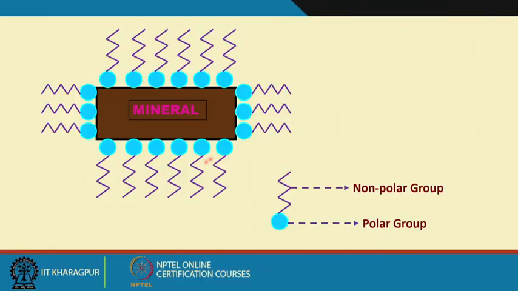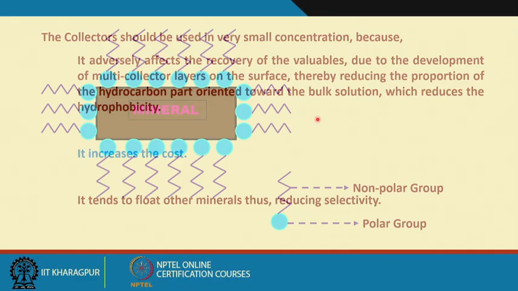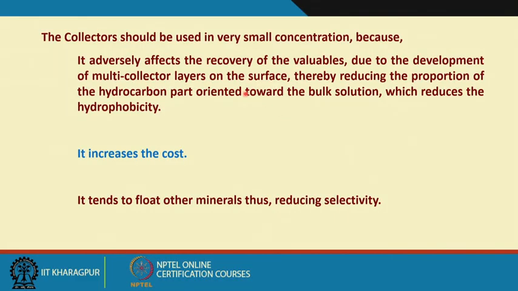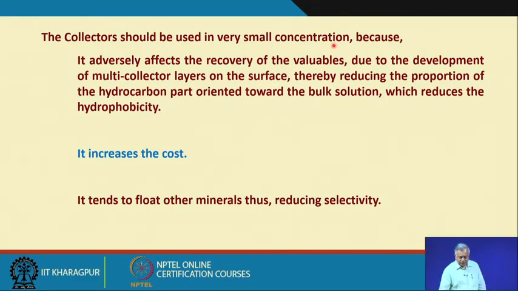But what will happen if I add excessive amounts, when these surfaces are almost coated with your collector? They again start getting adhered to these polar and non-polar groups. That is why I have written that collectors should be used in very small concentration, because excess adversely affects the recovery of the valuables.